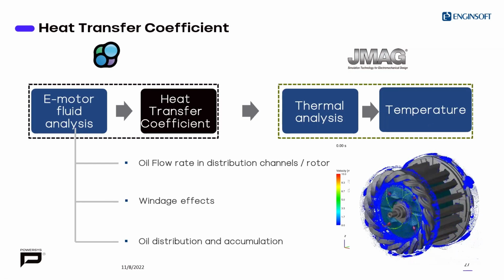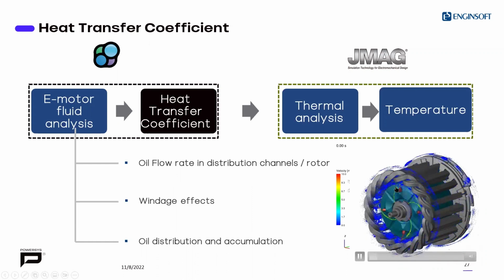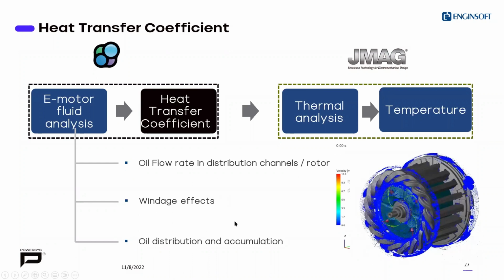Yeah. So many points were covered in Particleworks. We were also able to check the windage effect. Because the rotor rotates, it will generate some air field around the end winding, and this kind of effect can be taken into account during the oil flow simulation with Particleworks.